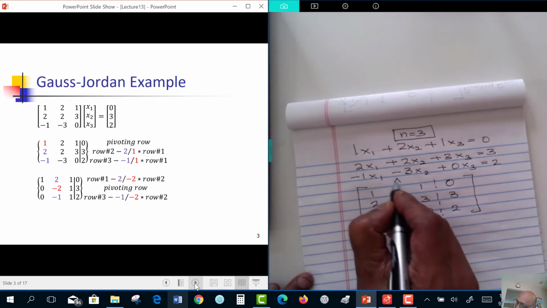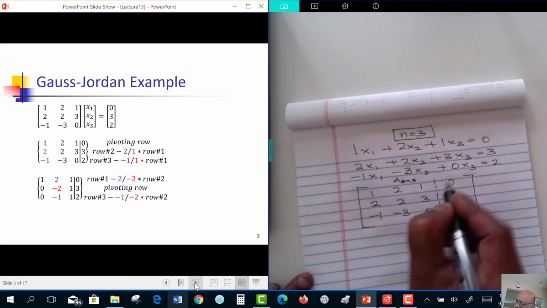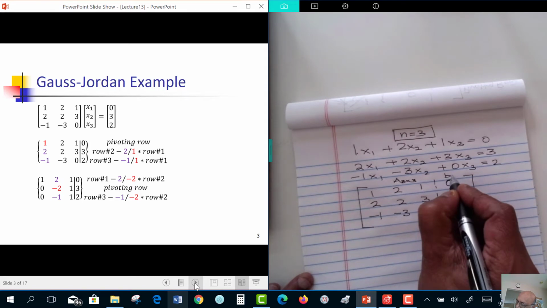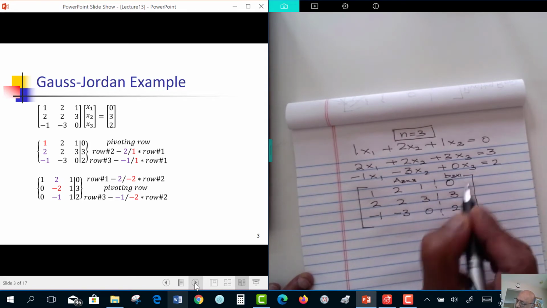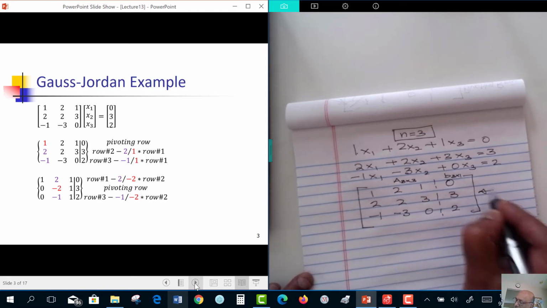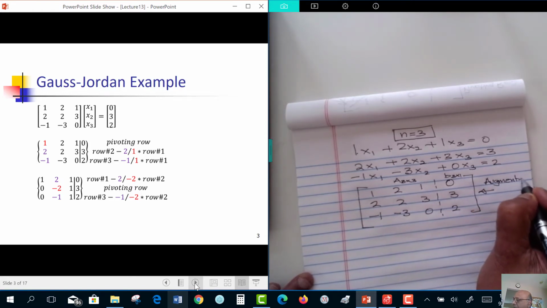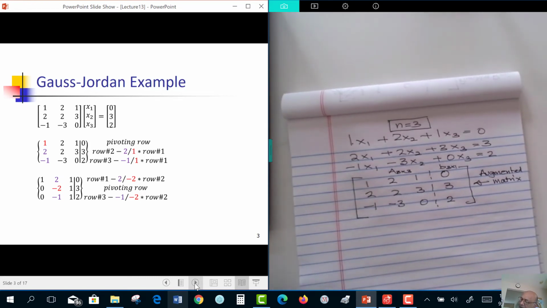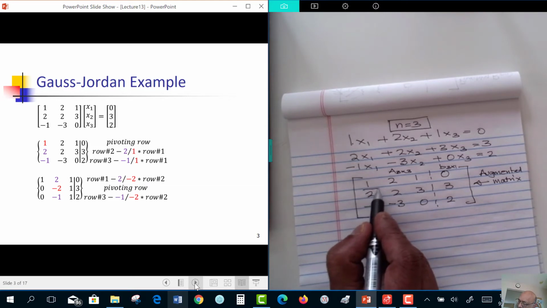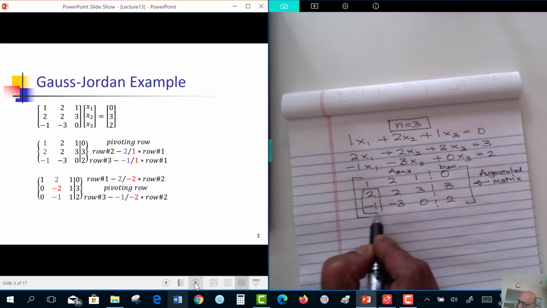So this is our matrix A, 3 by 3. This is our matrix B, 3 by 1. And we call this an augmented matrix. We augment A by B. So our goal in the first step is to get zeros here.